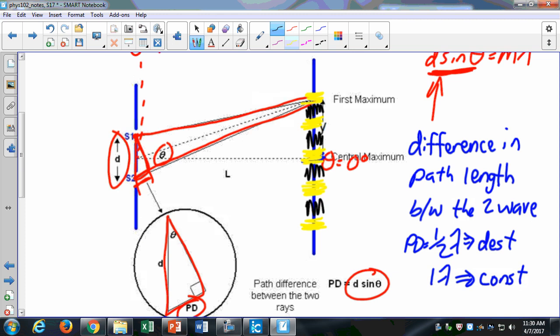Now, often we'll express this as a graph, and the graph will look something like this. Something like that.